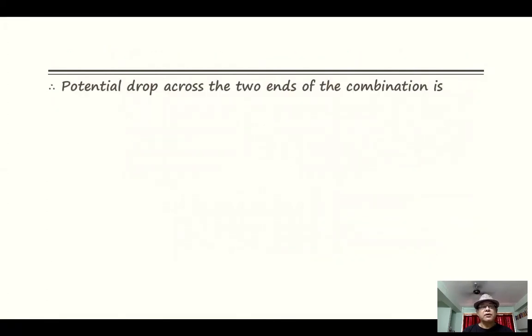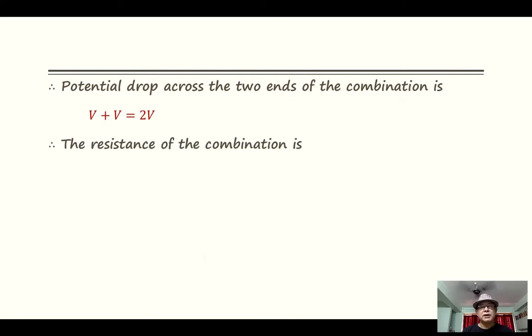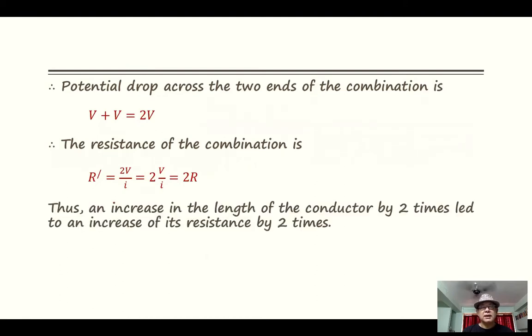Therefore, potential drop across the two ends of the combination is V plus V equal to twice V. Therefore, the resistance of the combination is R dash equal to 2V divided by I, equal to 2 into V by I, equal to twice R. Thus, an increase in the length of the conductor by 2 times led to an increase of its resistance by 2 times.